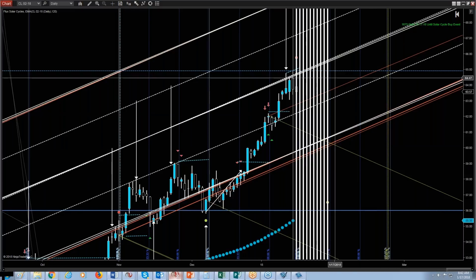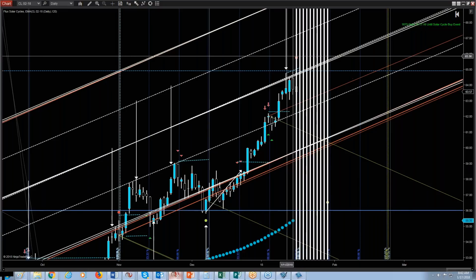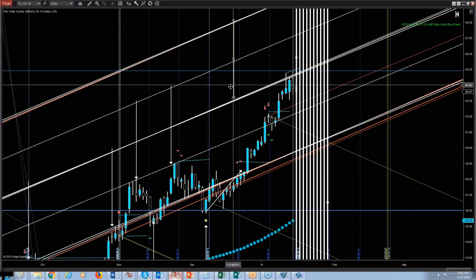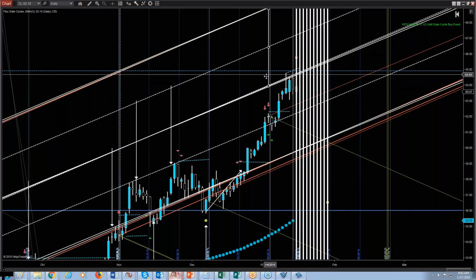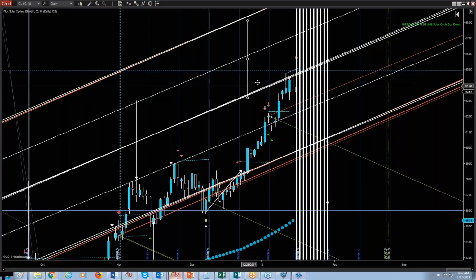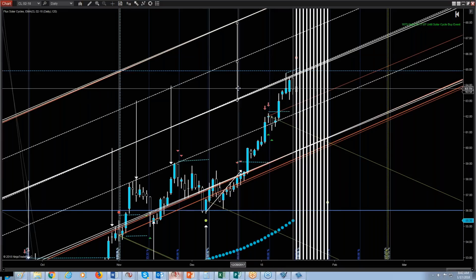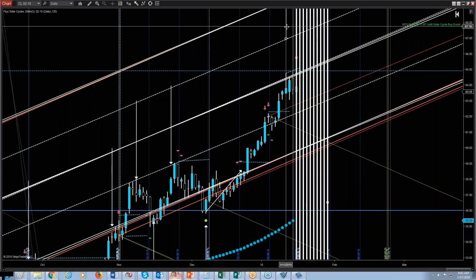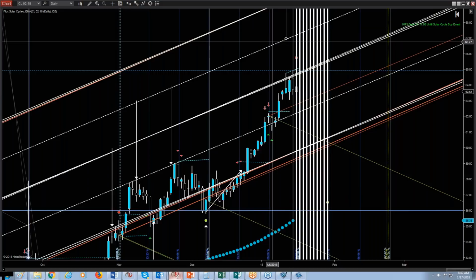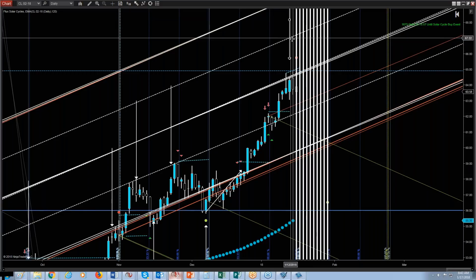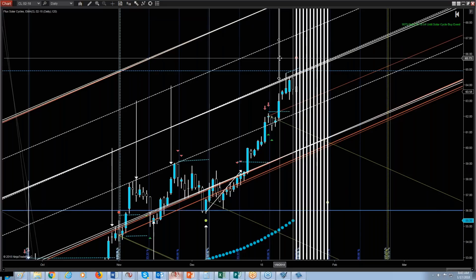If you're following crude along at home and it closes above this white line right here, that will be significant in that it means the next projected target is the white line above it. Okay, so you keep an eye on that level there too.